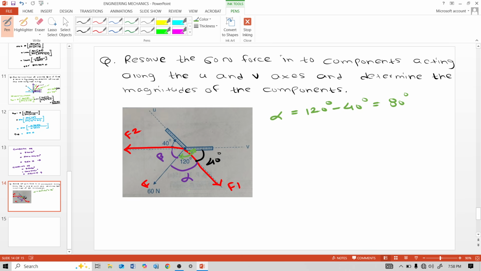Now calculate beta. Just see this axis, this angle will be 180 degree. So 180 minus this 120 degree will be your beta.